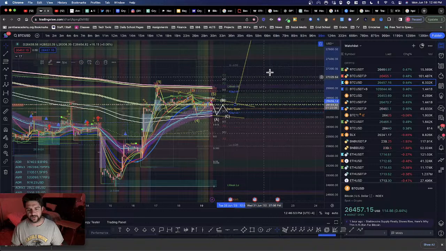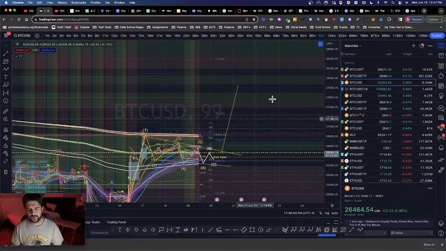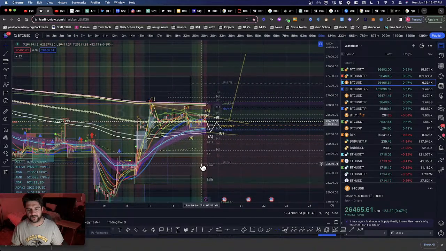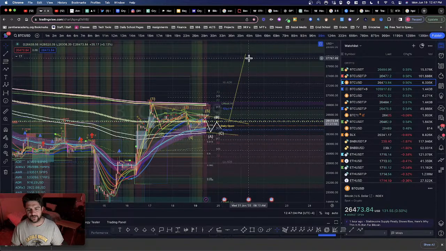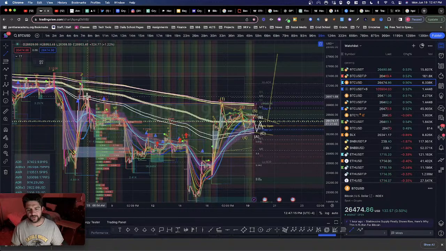Where can we get to? There you go. 27.8, depending on how much he grabs. If he only grabs half of the zone, you're only going to get half of the pole. That's what's going to happen. You'll get half of this pole. So high ADR, where are the stops the most? Right here.